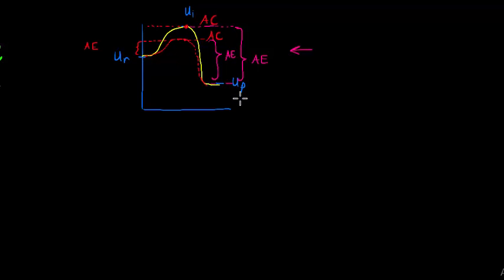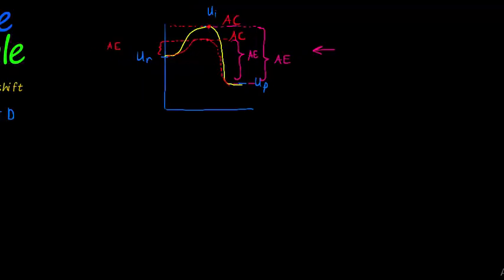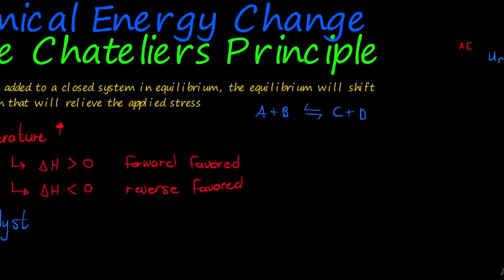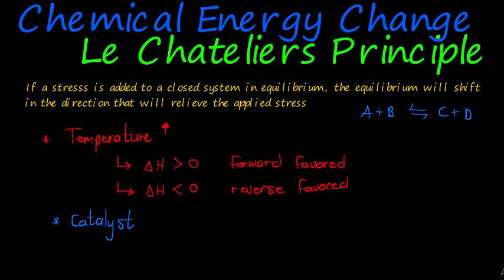So when adding a catalyst, the effect that it has on the forward reaction and the effect that it has on the reverse reaction is exactly the same. Both reactions are increased, the rate of reaction, because both have more successful collisions, but the net change is not affected.